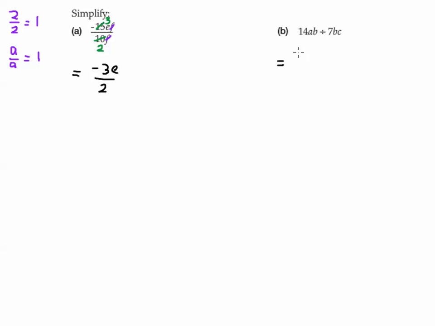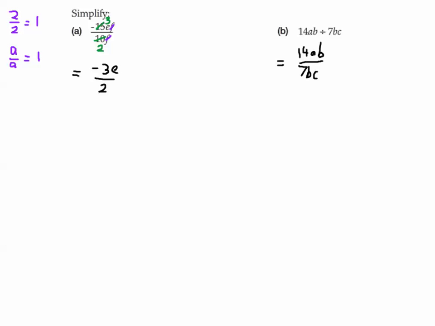So let's put some in. We've got our divide sign here, which essentially means we're just working with fractions now. And we've got 14AB on top, so 14, A and B, over the top of 7, B and C. So 14AB over 7BC.